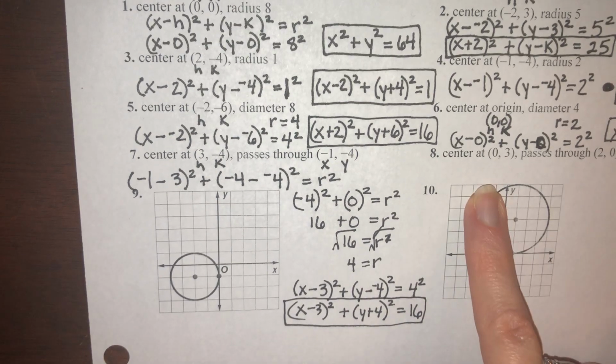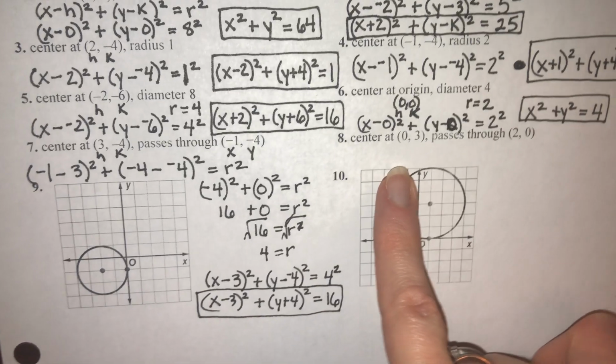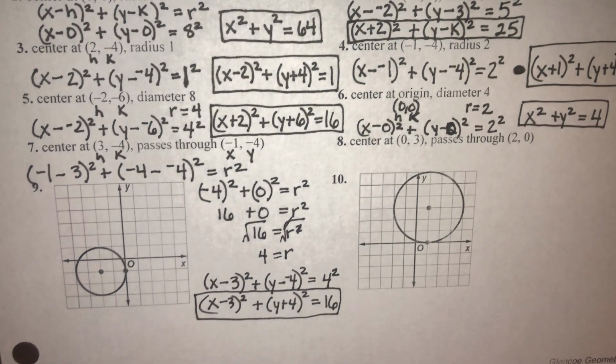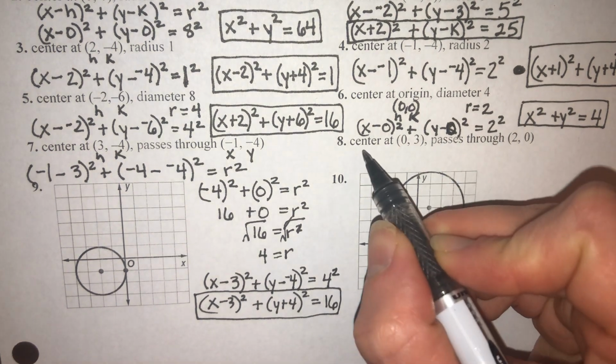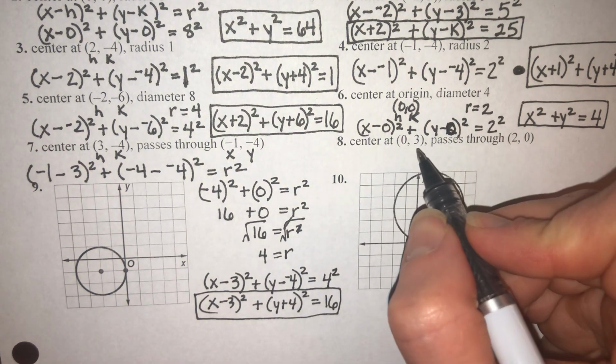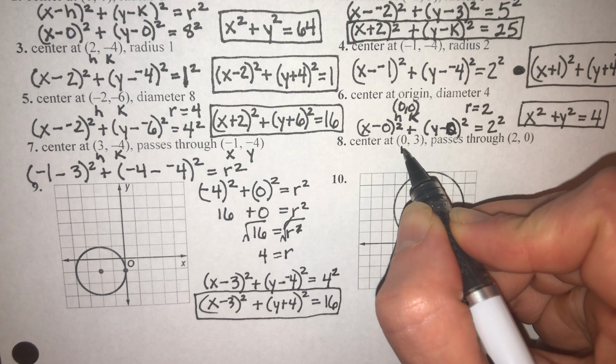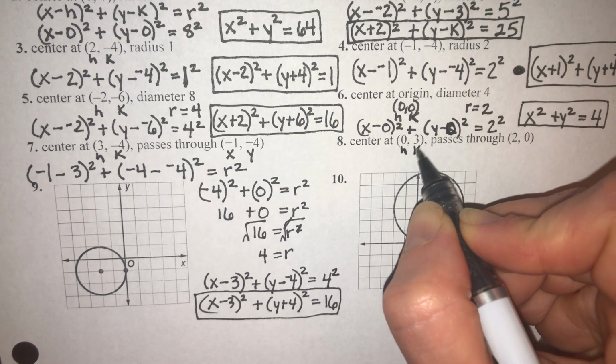Number 8 is similar. It's going to take pretty much the same amount of work. You might want to pause the video and try it on your own first to make sure you can do it, and then check, or you can work it along with me. So if the center is at 0, 3, 0 is the h, and 3 is the k.